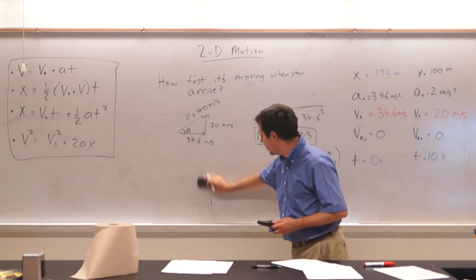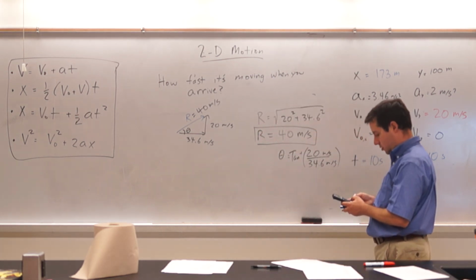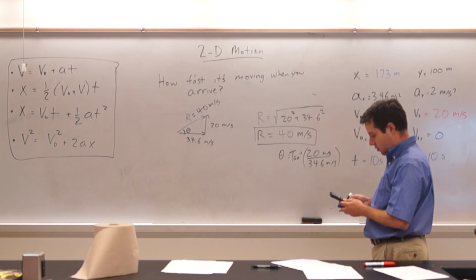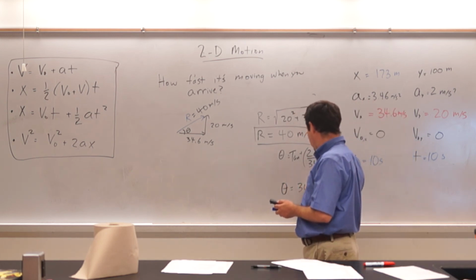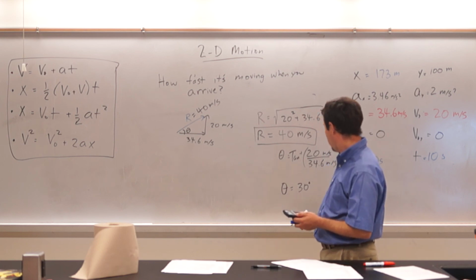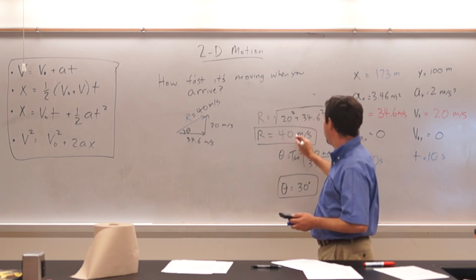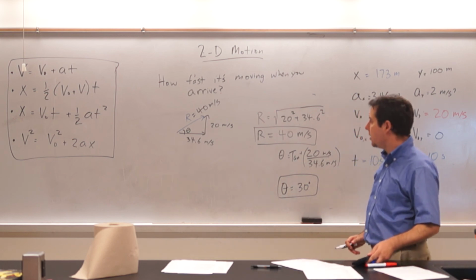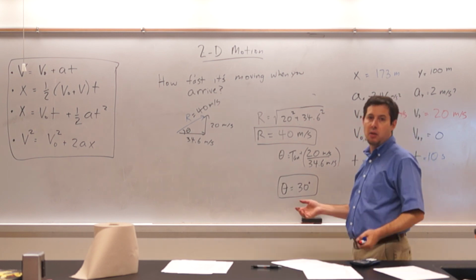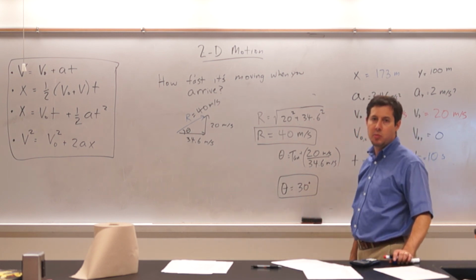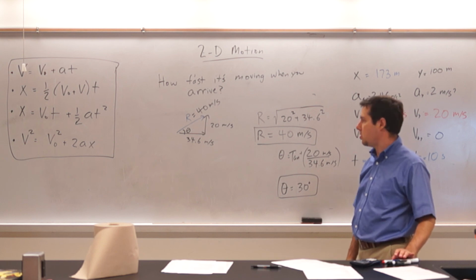Put that into your calculator. 20 divided by 34.6 is 0.58. I need to do the inverse tangent of 0.58. And I get theta is equal to 30 degrees. So it arrives at 40 meters per second at an angle of 30 degrees. It's a good sign that it's at 30 degrees. It should be, because the acceleration was at 30 degrees, so you would assume that the velocity should be too, given that it started at west.